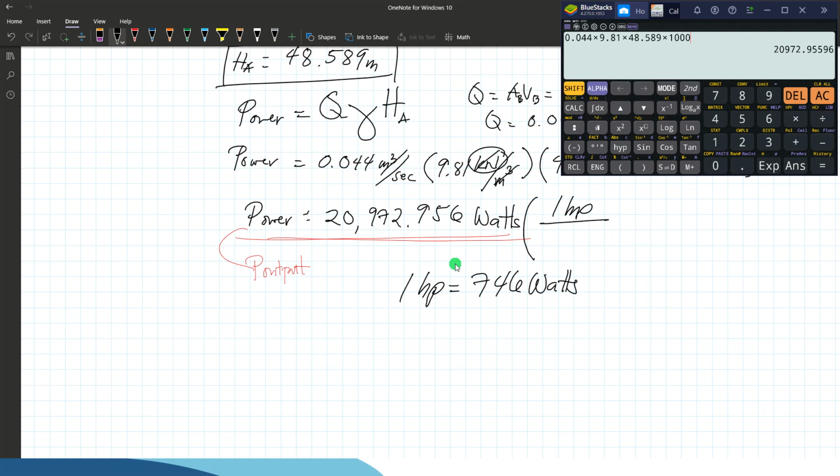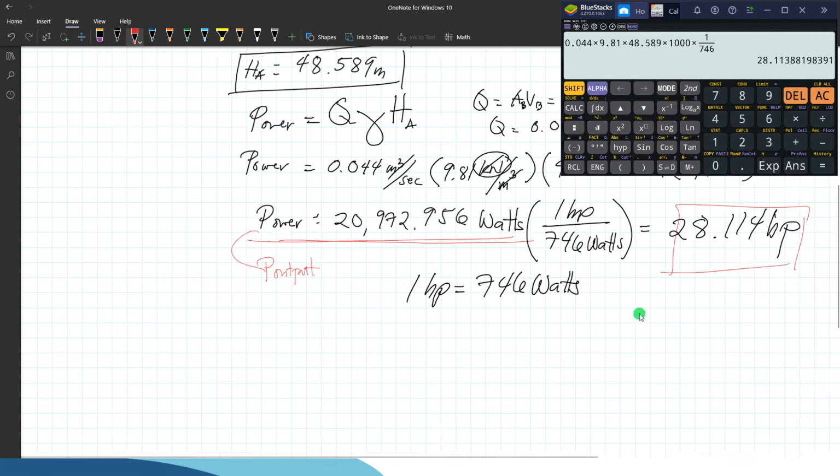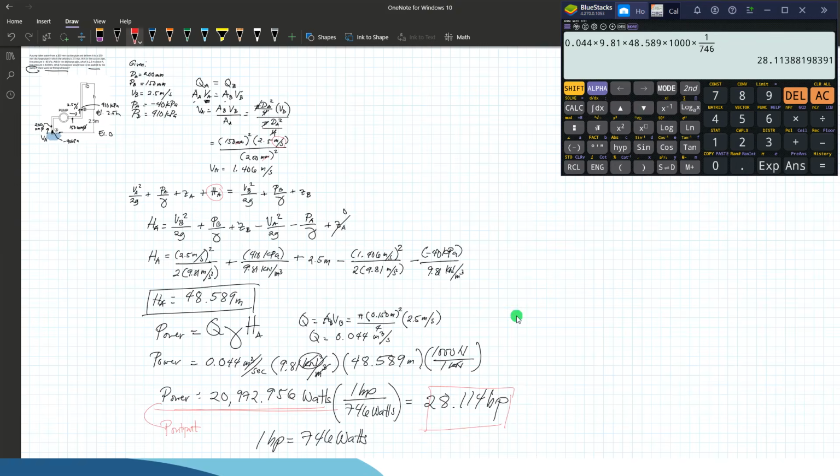So let's just multiply by 1 horsepower over 746, or continue this by dividing it by 746. So the answer is 28.114 horsepower. That's the final answer for the power of the pump.